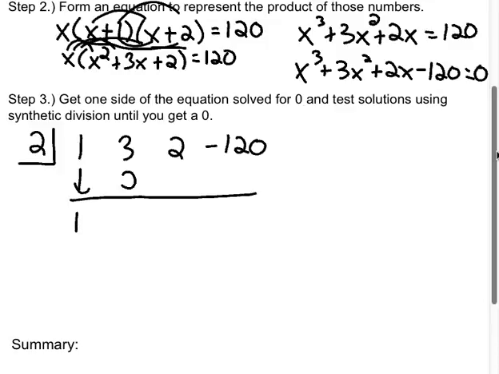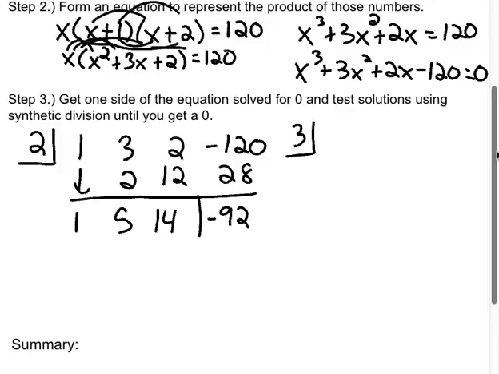So bring down the first number, multiply, add, multiply, add, then multiply, and then add, and you're going to get that. So then you'll notice right away that that is not the solution that I'm looking for, is it? 2 did not work, okay? It was too small, let's try another number. 2 didn't work, let's try 3.